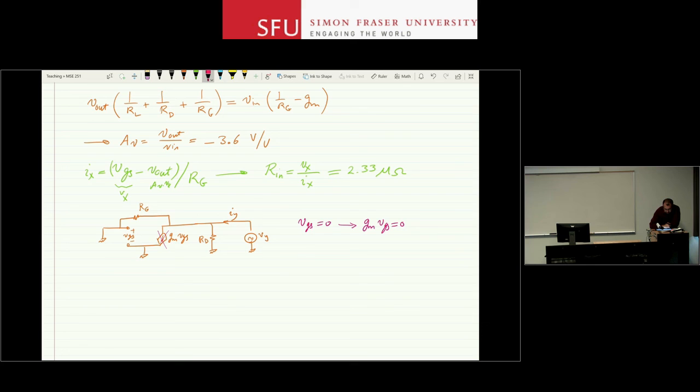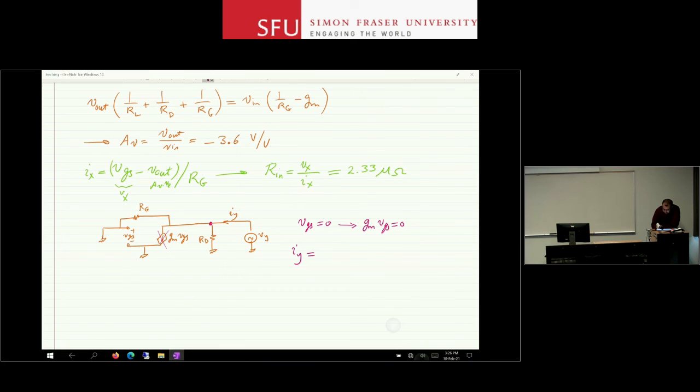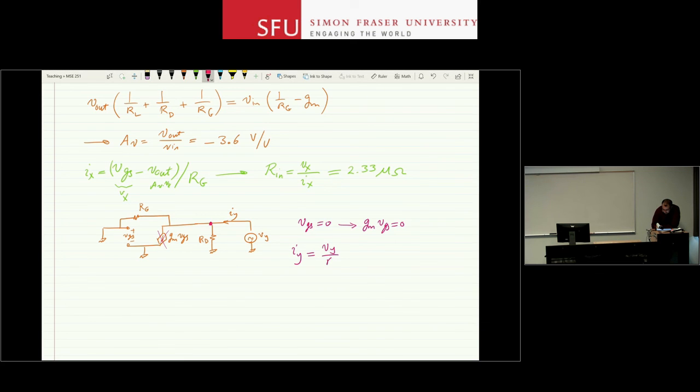Okay, so the current source is out, so if I look at IY that goes into this node, it is going to be the voltage at that node divided by RD plus RG. So there's a component of current going here, component of current going here, right? And this current we just calculated to be 0, plus VY over RG, okay?